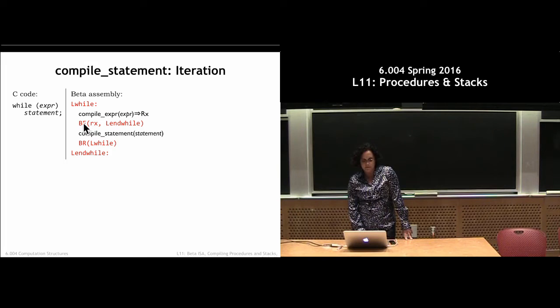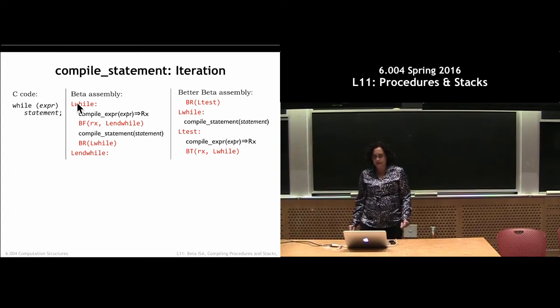And now we can make some branches depending on what we found that expression to be. So if it's false, that means we don't want to execute the statement, so we jump to the end of this. If it's true, we just come in here and do the compile statement, and then we branch back to L while.